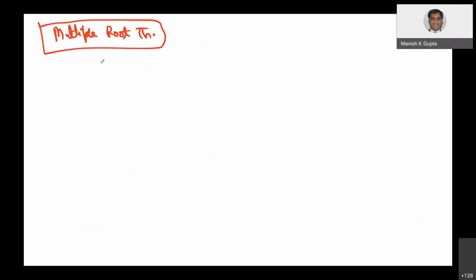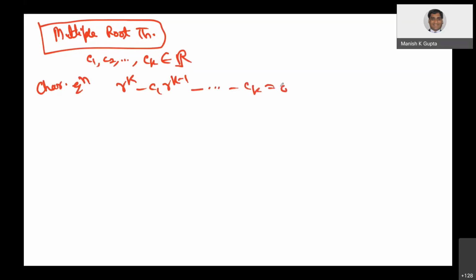Now, this is the most general result that I'm going to write for degree k. Suppose C1, C2, ..., Ck are real numbers, meaning constants, okay? And suppose the characteristic equation r^k - C1 r^{k-1} - ... - Ck = 0 has t distinct roots r1, r2, ..., rt with multiplicities.